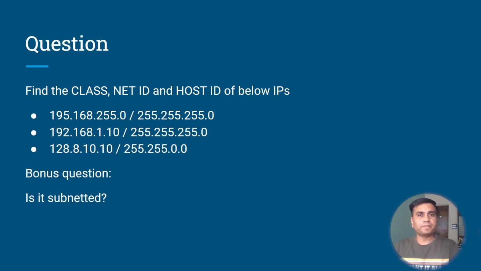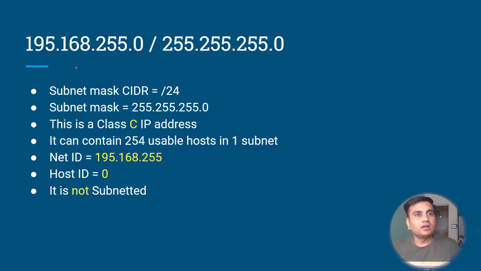Let us see. Let us take the first IP address, 195.168.255.0 and some subnet mask. Okay, let's answer. It is 195, so obviously it is class C. It is 195, not 192.168. 192.168 is private, so it is public, right?